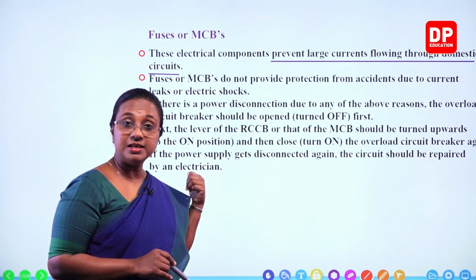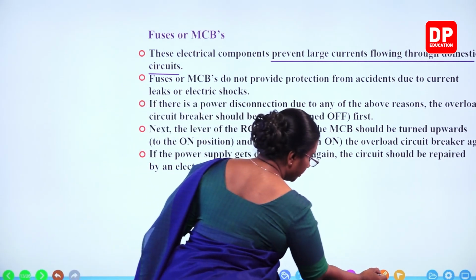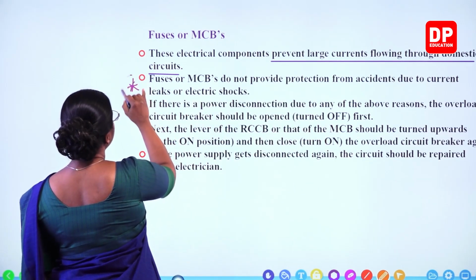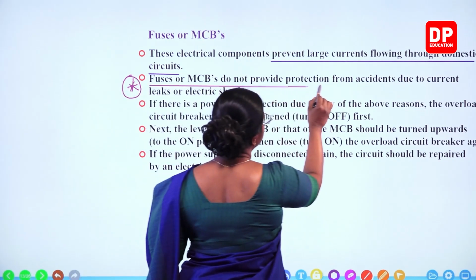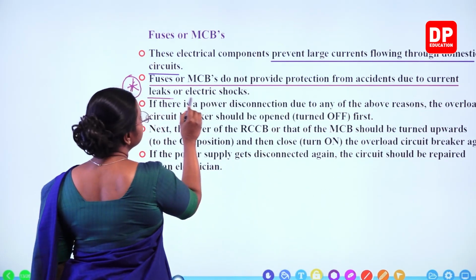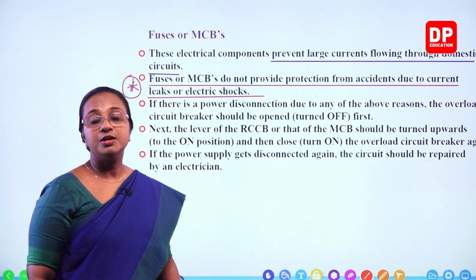That is done by the trip switch or the RCCB. Very important. Students, this is something you have to keep in mind, right? Fuses or MCBs do not protect from accidents due to current leaks or electric shocks.